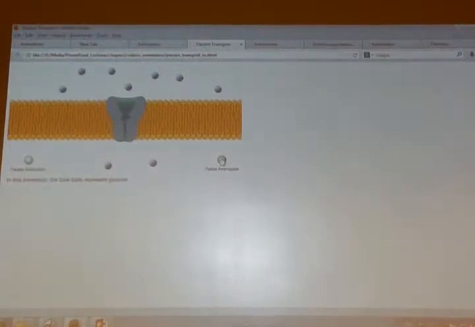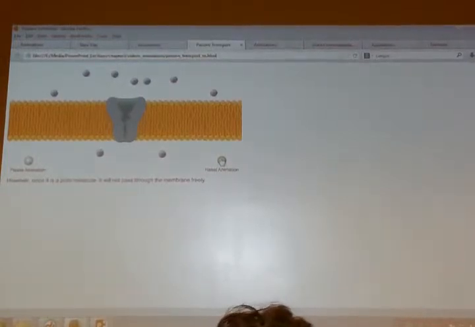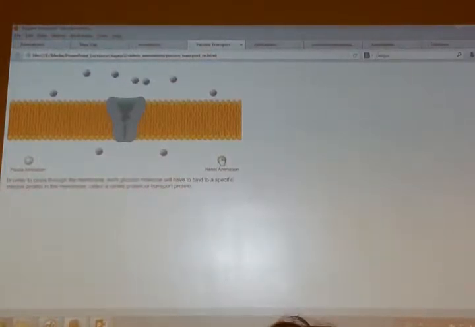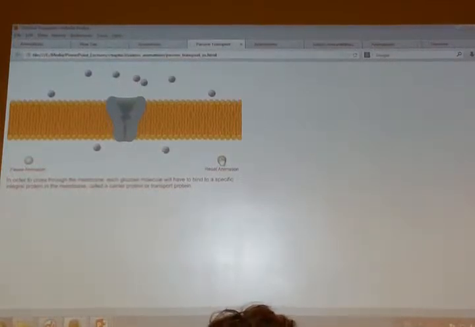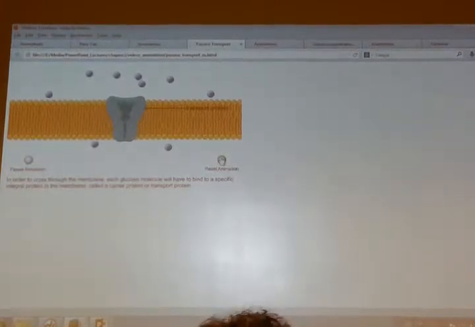In this animation, the blue balls represent glucose. Since glucose is more concentrated on one side of the membrane compared to the other, it will move down the concentration gradient by passive transport. However, since it is a polar molecule, it will not pass through the membrane freely. In order to cross through the membrane, each glucose molecule will have to bind to a specific integral protein in the membrane, called a carrier protein or transport protein.